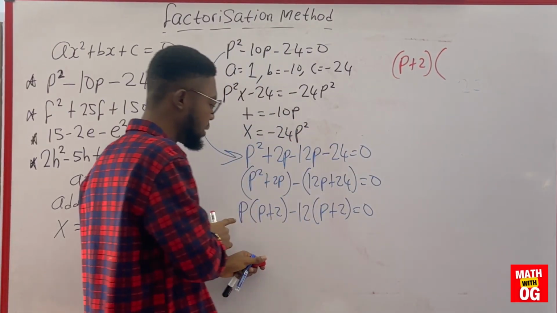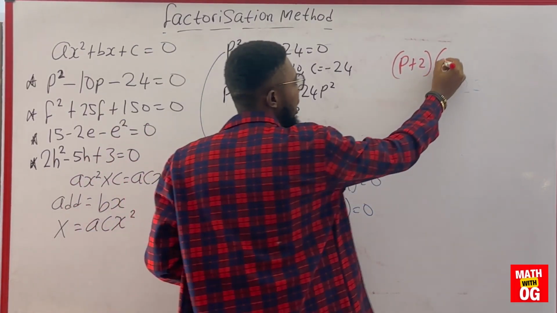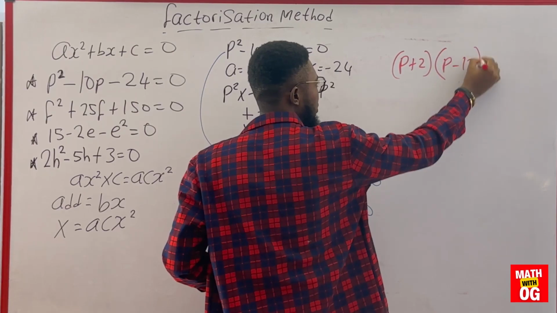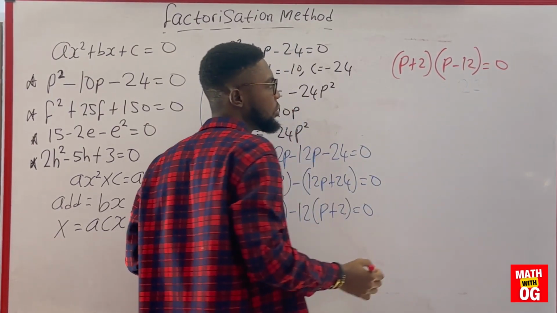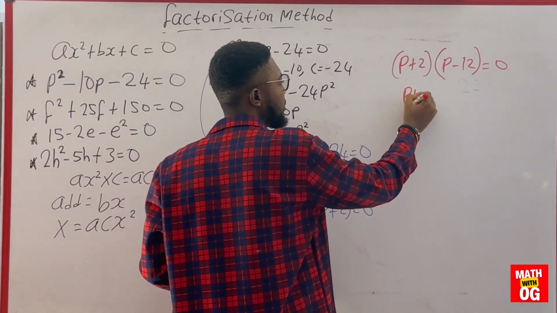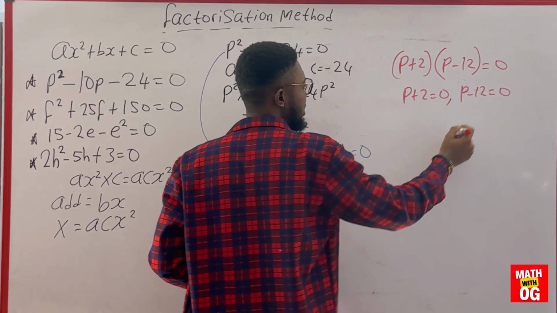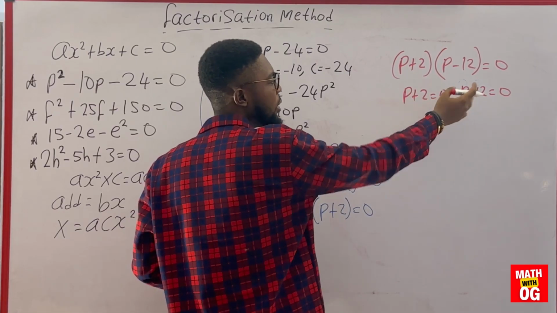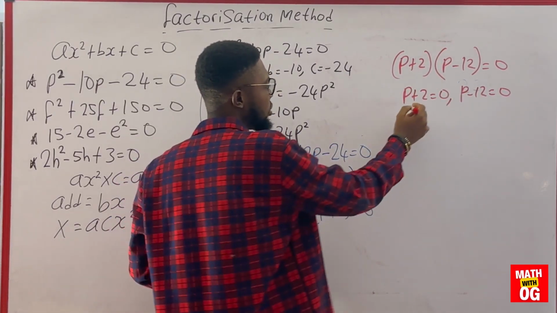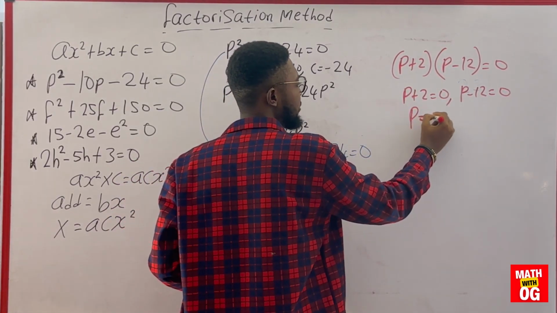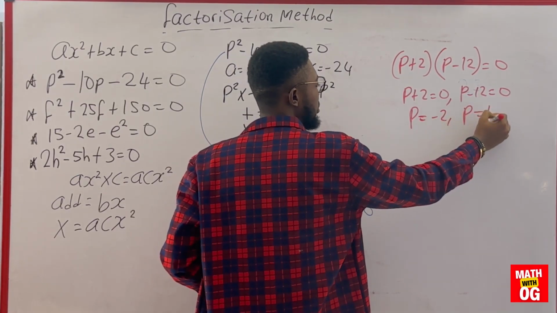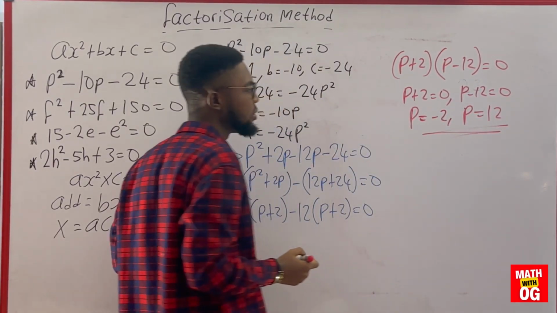I'll be left with p for the first term, and negative 12 for the other, and that will be equal to 0. Now you can see that p plus 2 equals 0 or p minus 12 equals 0. In this case, p will be equal to negative 2. In this case, p will be equal to 12. So that's the answer to this question.